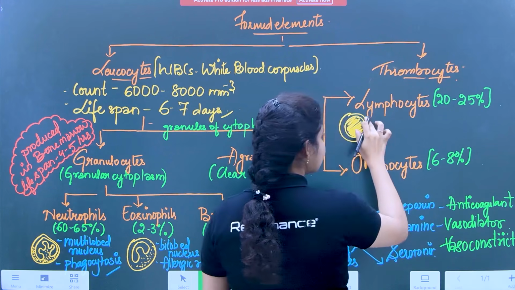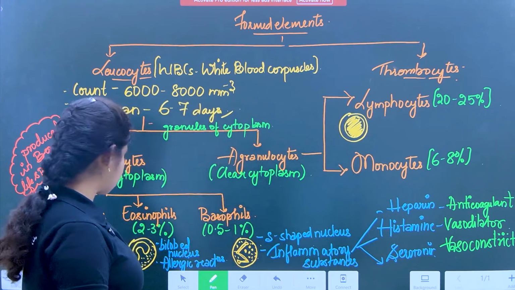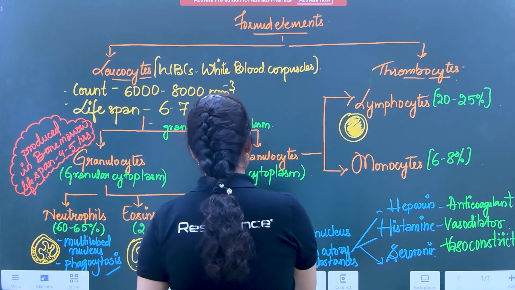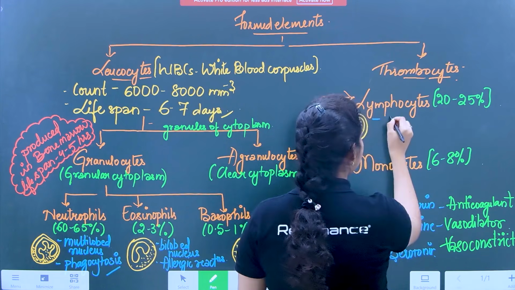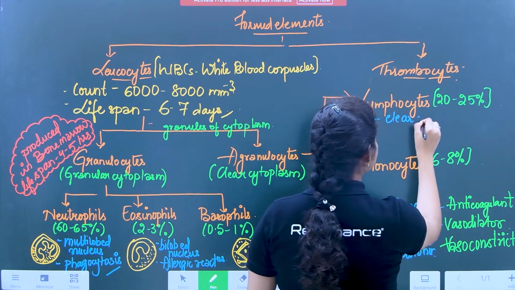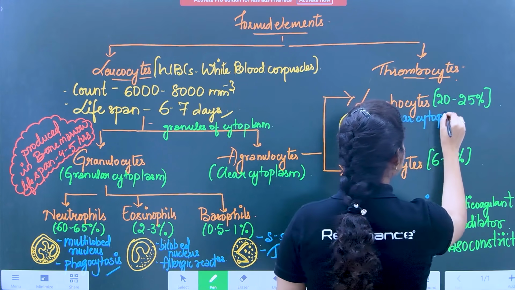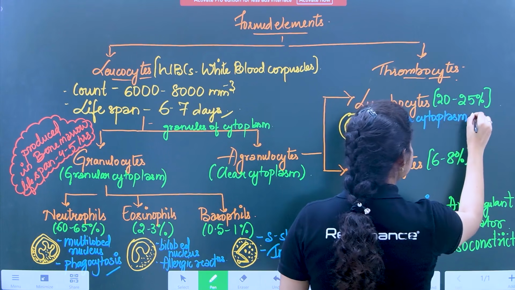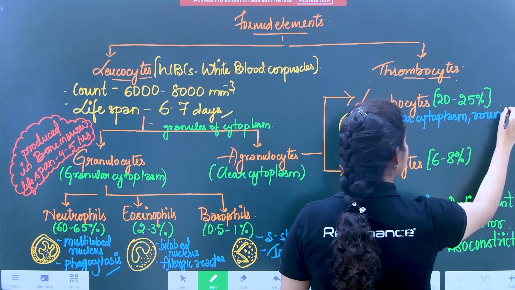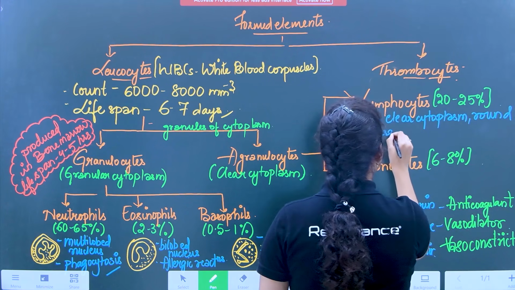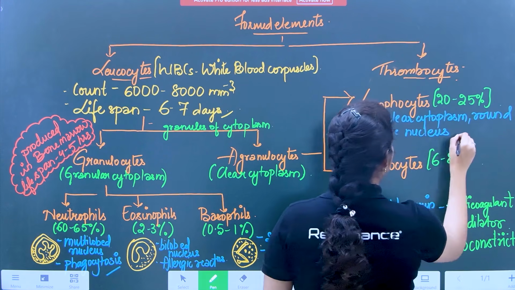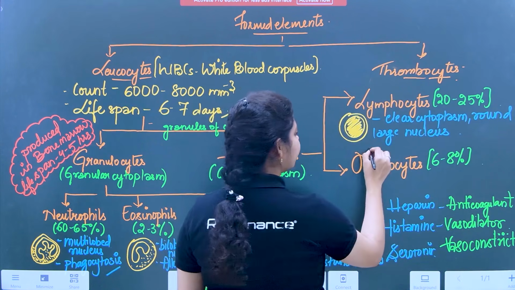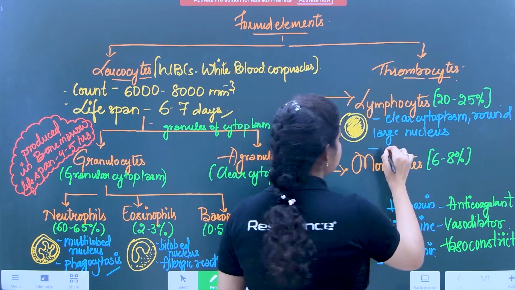The cytoplasm does not have any granules like this, so it has clear cytoplasm. So what am I writing? It has clear cytoplasm, obviously, and it has a round large nucleus.